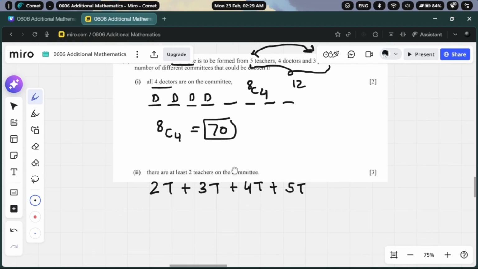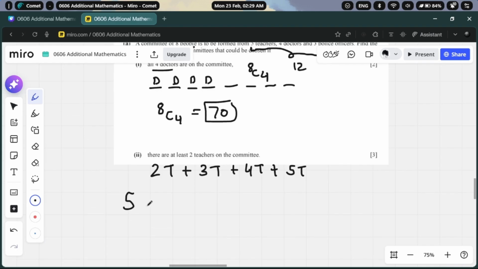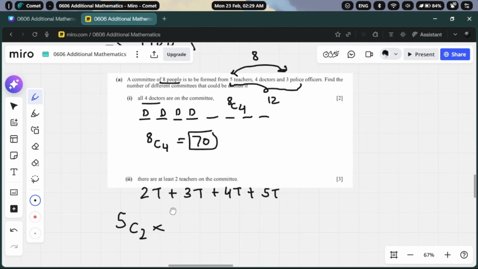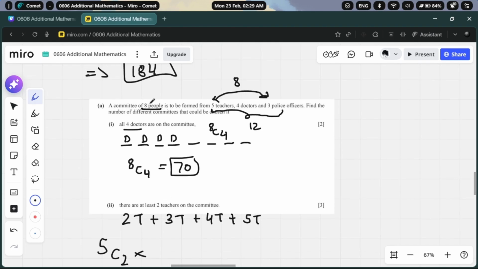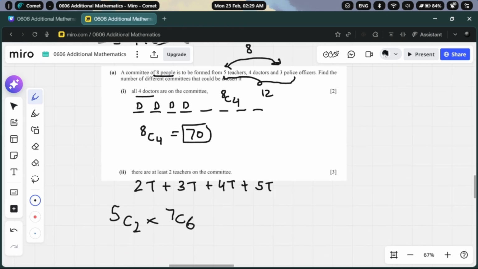So that would mean for the first case, you would choose 2 teachers out of 5, which are the total number, multiplied by the remaining. So you're left with 6 people to choose from out of 7. That would be 7 choose 6, which would be 70.